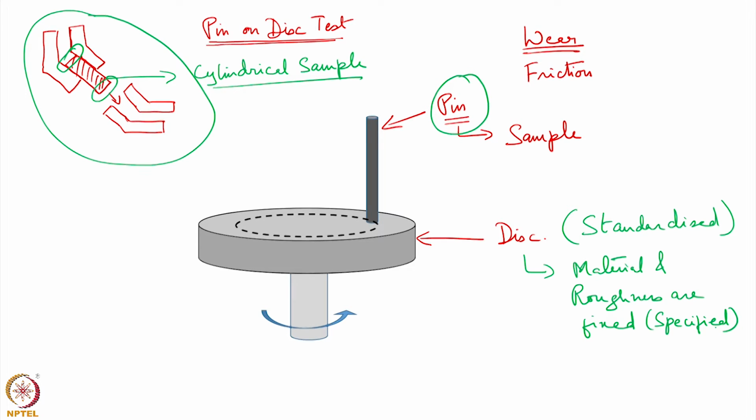If you wanted to purchase a pin on disc setup, that is what it would be. So, you can get this pin on disc setup, and what we have in our control are two things here.